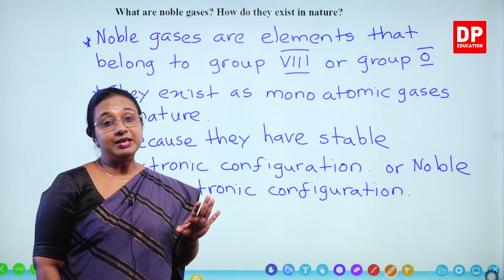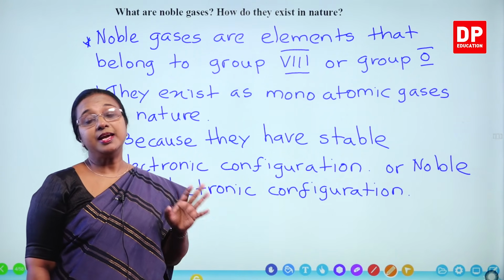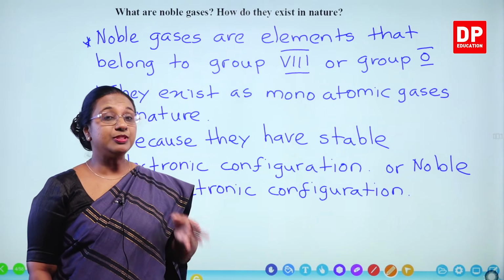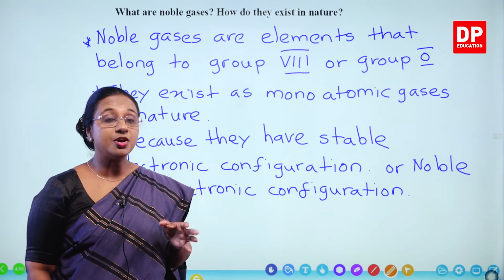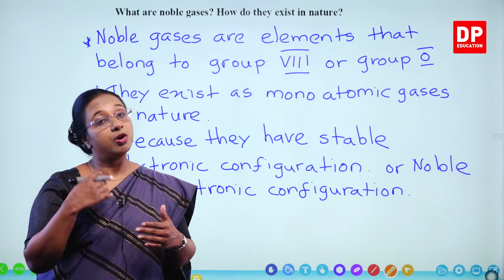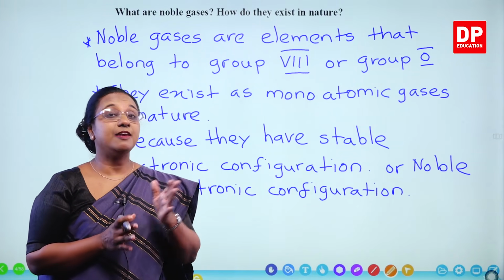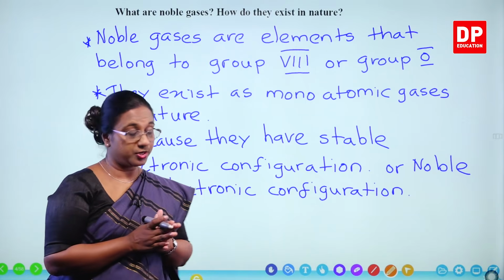So the other elements try to become like noble gases by forming bonds. As I told you, they can either share electrons, or lose or gain electrons. By doing that, they form two types of bonds.